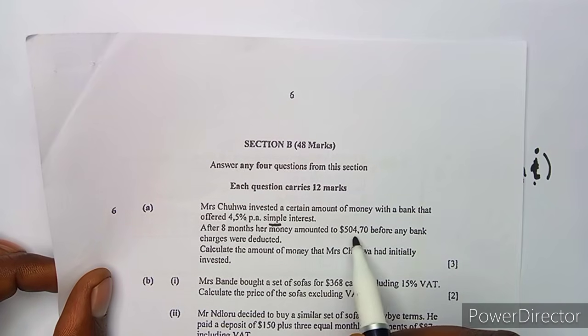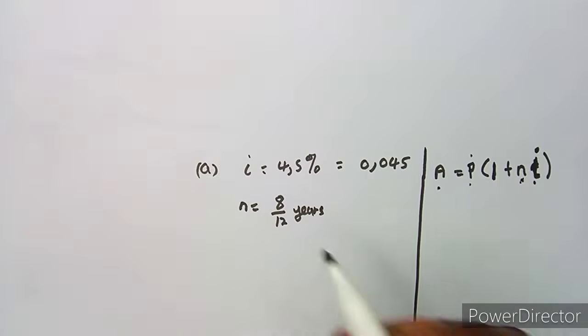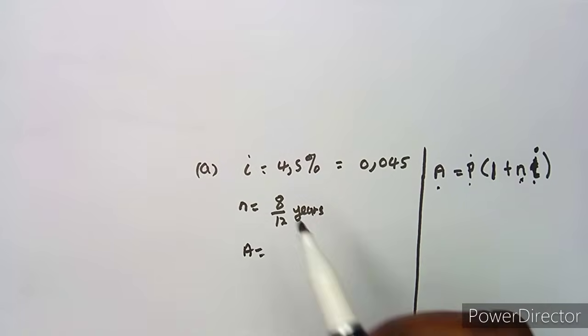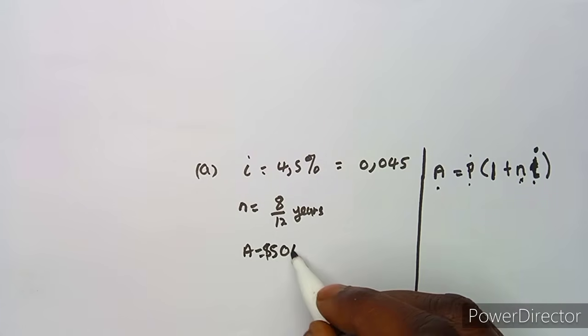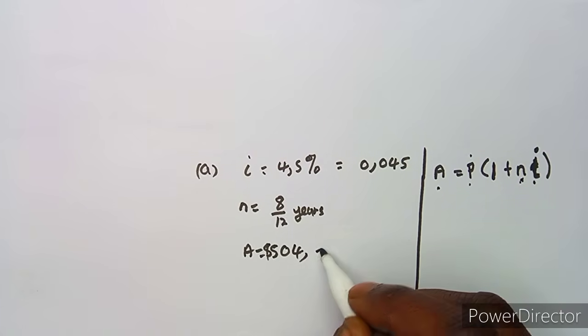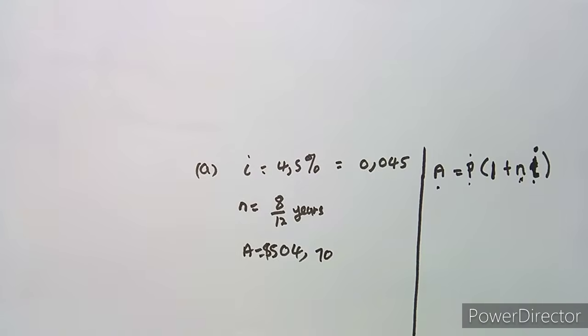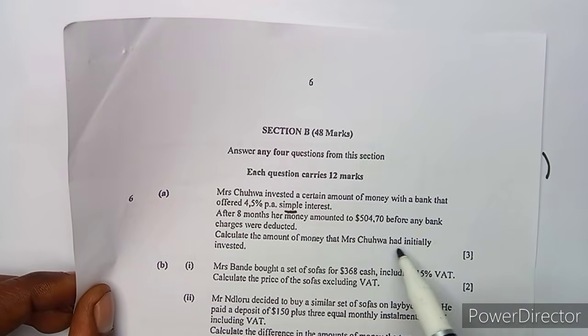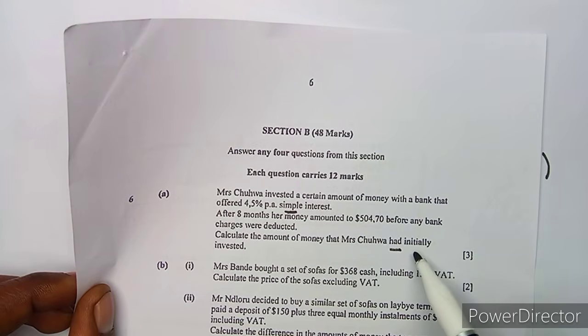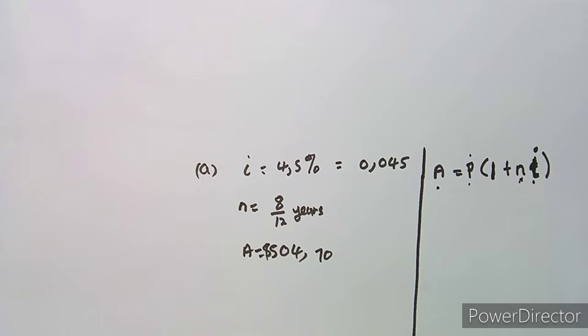We are given that the amount, which is your A, the total amount, is $504.70. The question is asking us to calculate the amount that Mrs. Chua had initially invested, which means the principal amount is the one that we want to calculate.